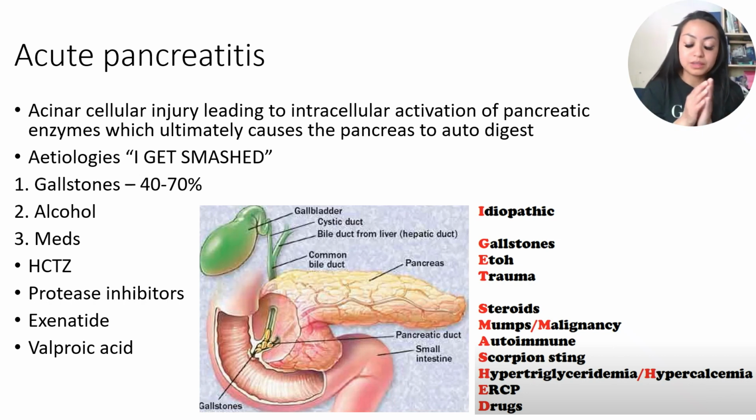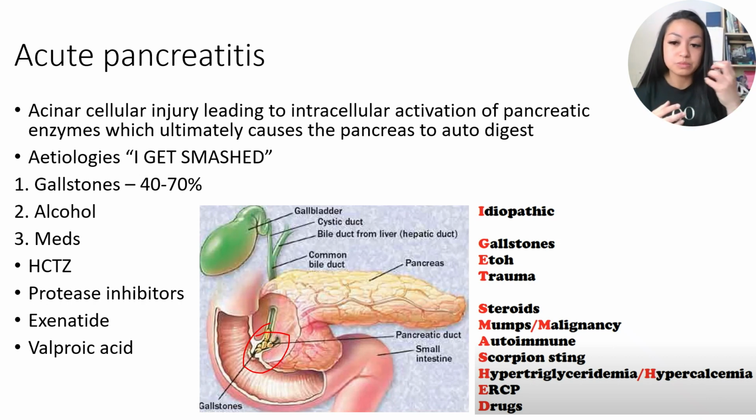The gallstones that form in the gallbladder can lodge themselves in the common bile duct, and if one lodges there, it can prevent pancreatic enzymes from being secreted from the pancreas. This is why it causes acute pancreatitis.